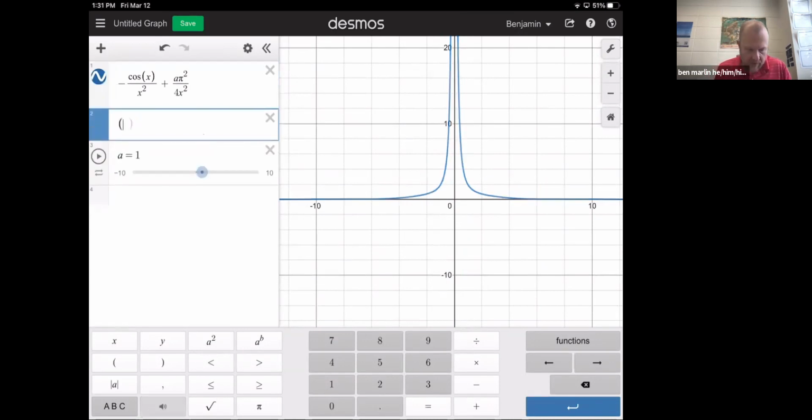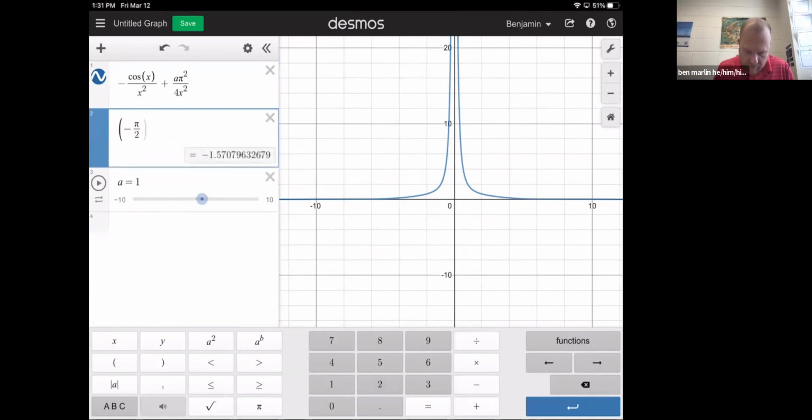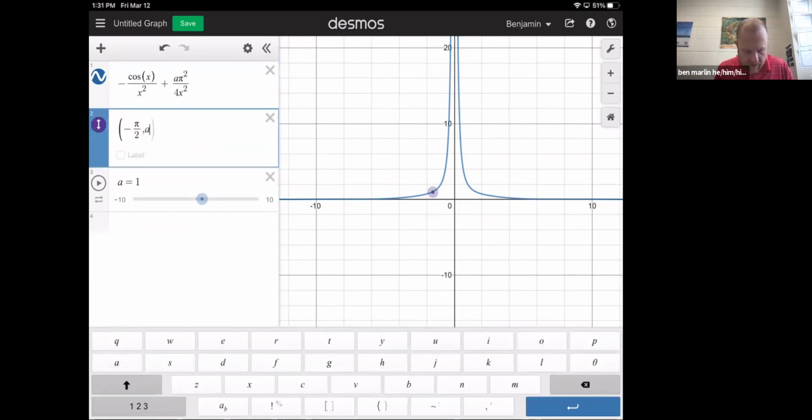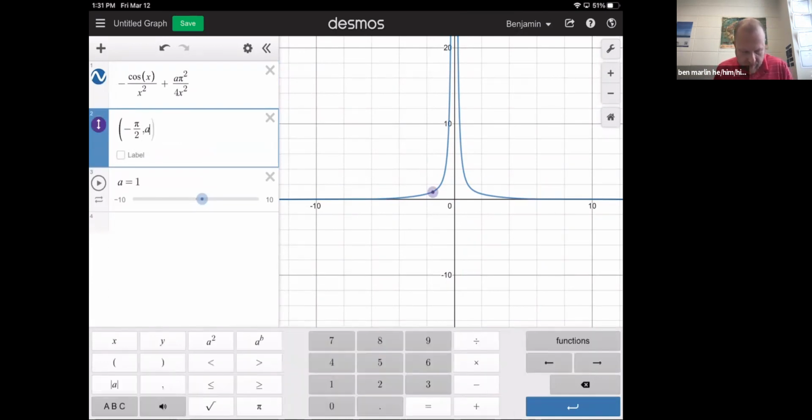The thing I'm going to add is the initial condition. It was minus pi divided by 2, and then comma, and then the a. And then I want parentheses, and I want a label on that. Okay. All right, that way we can see what's going on there a little bit better.